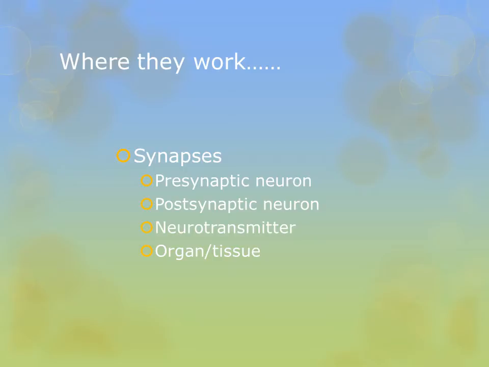It can prevent the neurotransmitter from being destroyed or being returned to the presynaptic neuron so that there's more neurotransmitter available. It can prevent an impulse traveling to the postsynaptic neuron, or it can mimic a neurotransmitter, and it can have an effect at an organ or tissue level.